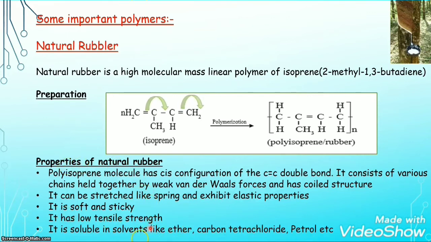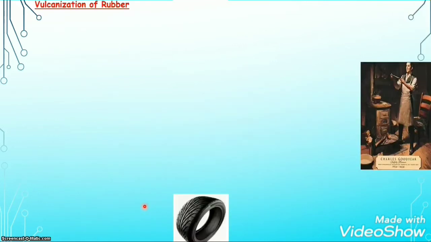These properties of natural rubber can be modified or improved by a method, and that method is vulcanization of rubber. The scientist Charles Goodyear accidentally discovered this vulcanized rubber by mixing sulfur and natural rubber.